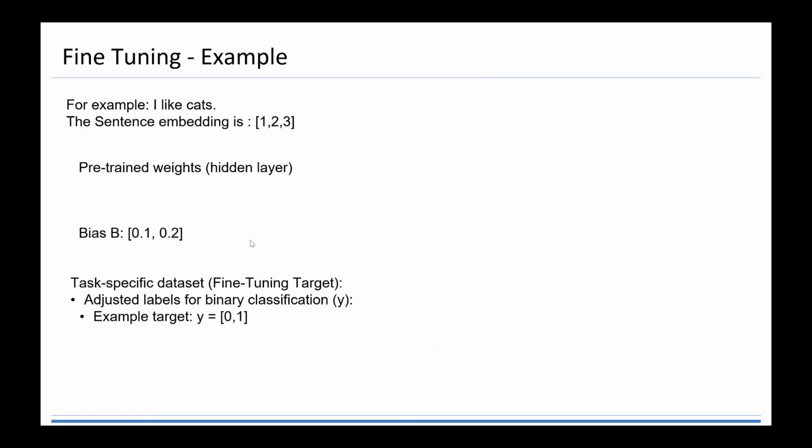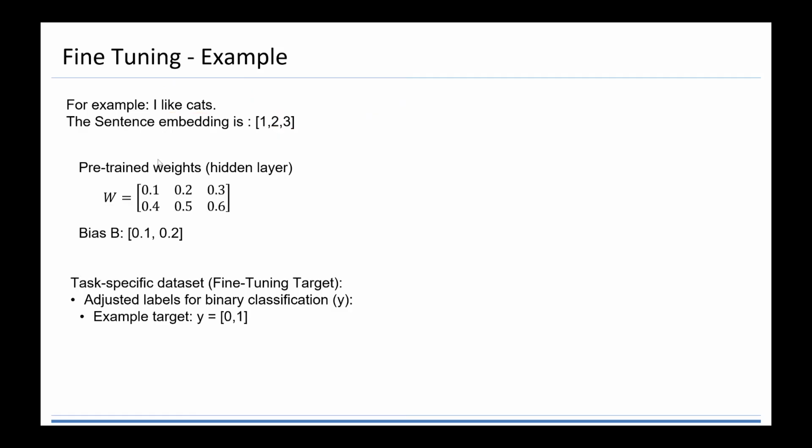So let's see an example, with a very small example. In this case, I have the sentence "I like cats". For the sentence embedding, I can make a very simple one with ordinals: 1, 2, and 3. 1 represents I, 2 represents like, and 3 represents cats.